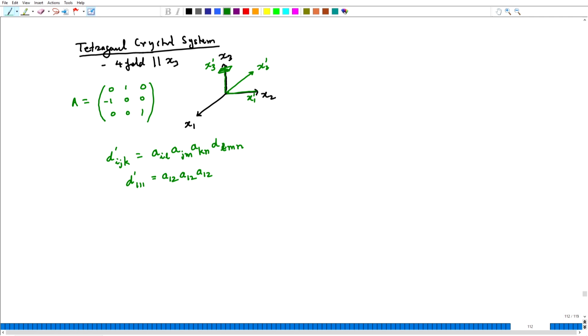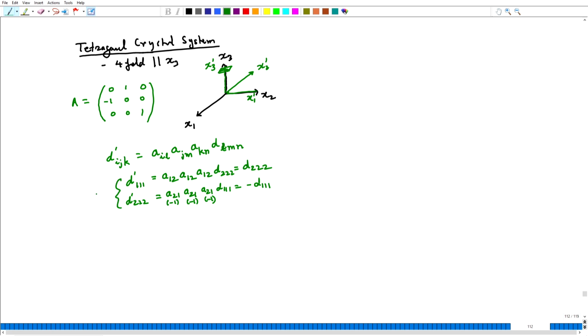If you look at the direction cosine matrix, multiplied by d222, and this clearly is simply d222 because a12 is 1. Let us take how the d222 transforms. So, d prime 222 is a21, a21, a21, only non-zero terms, d111. This is minus 1 and minus 1, hence I will get this as minus d111.